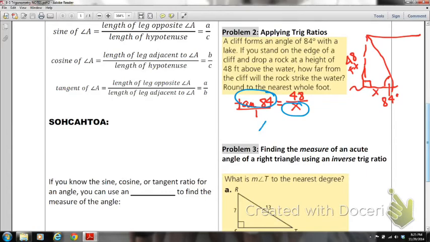So if I switch this, it's going to be x is equal to 48 over tangent of 84. So all I did was switch the extremes in this proportion, and it solved for x. If you put that into your calculator, you're going to get 5.045, which is approximately 5 feet to the nearest whole foot.